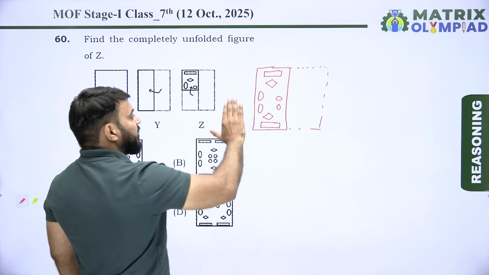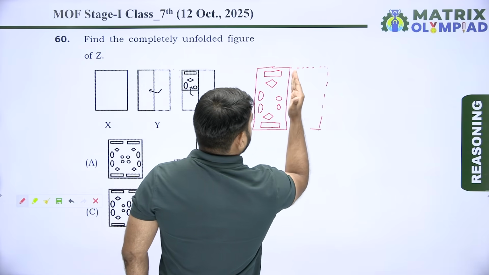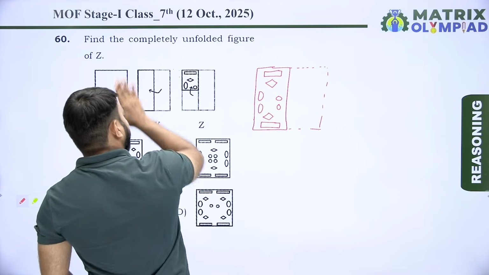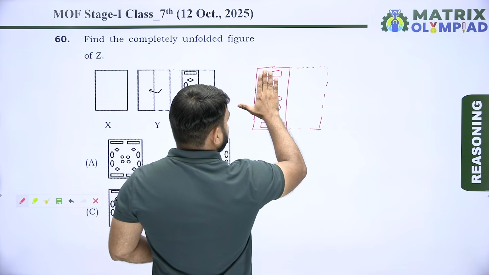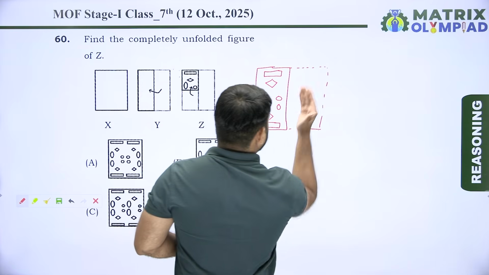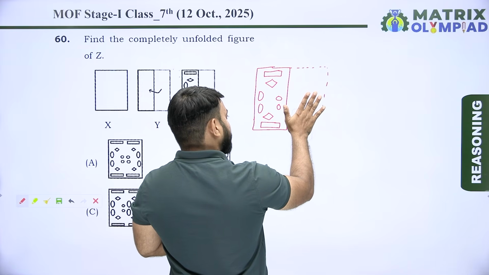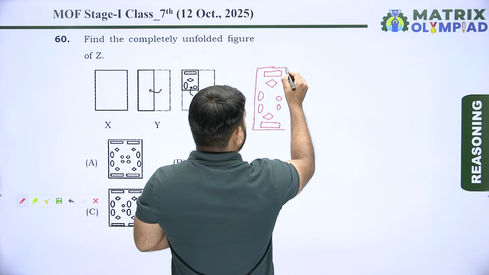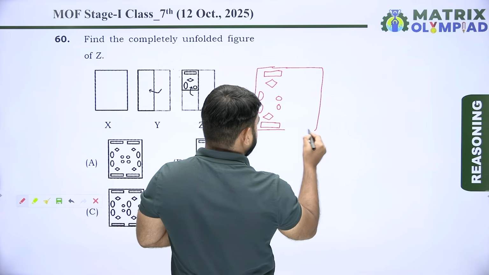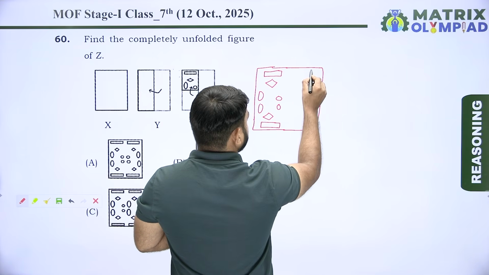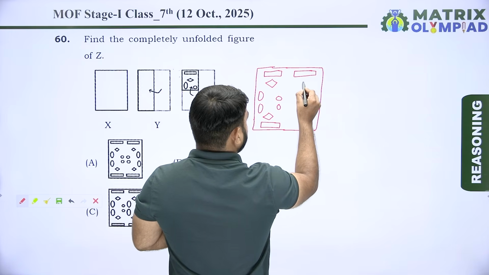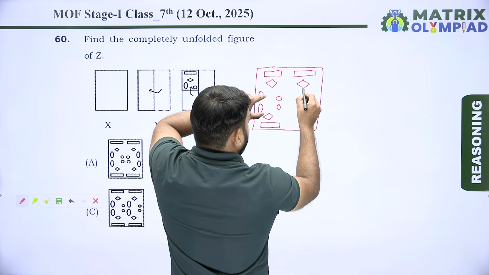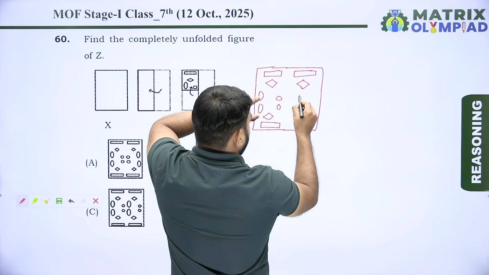Now this paper will be unfolded in this direction because this paper has been folded in this direction. So when we unfold this paper in this direction, we get an image something like this. And the mirror image of this part looks as follows.